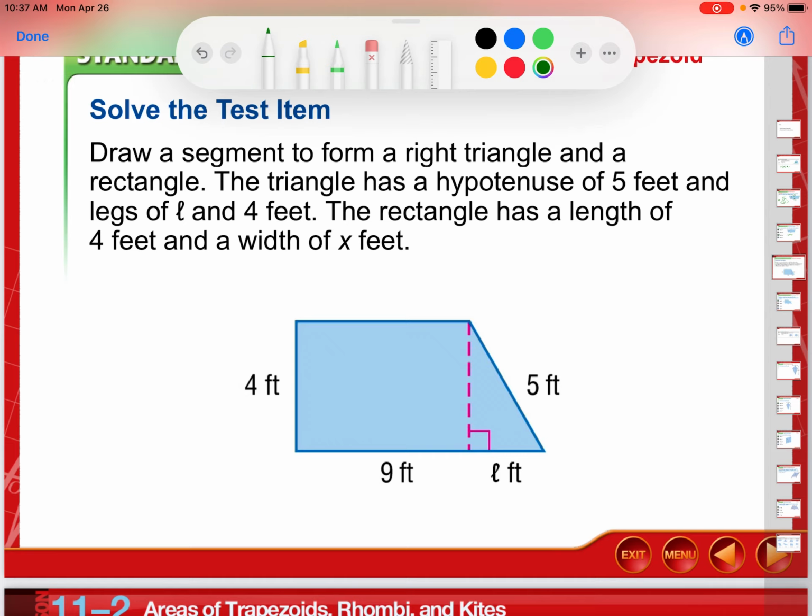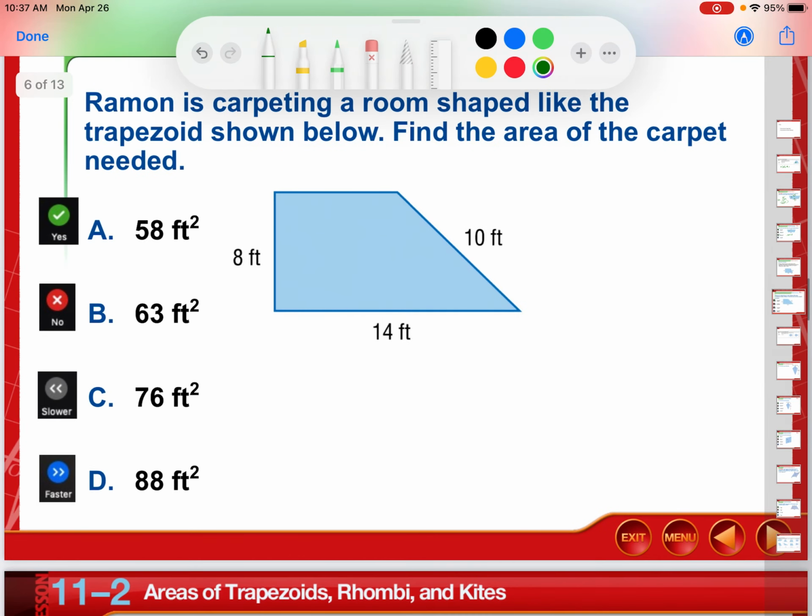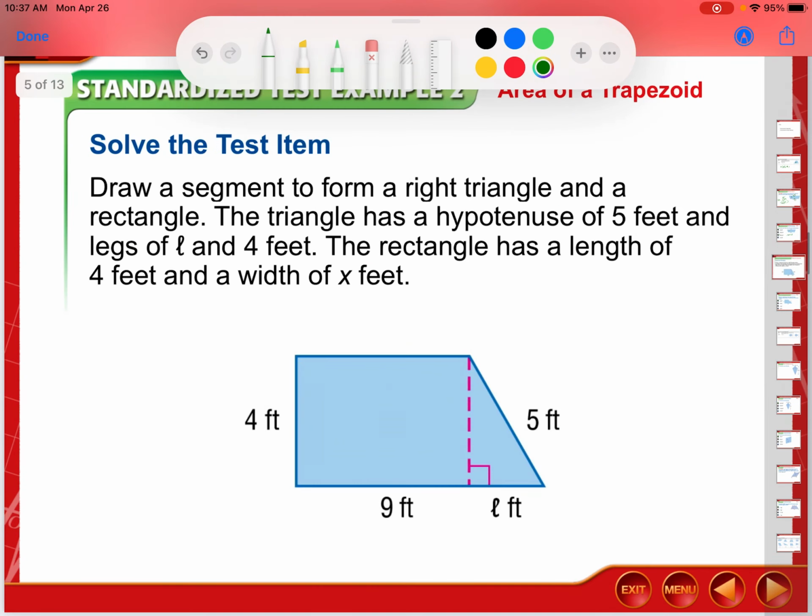So now where these get a little more challenging is when they leave a measurement out that we need. So in this case, we're trying to find the area of this shape, and they left out our height.